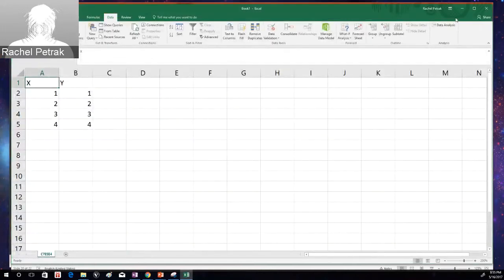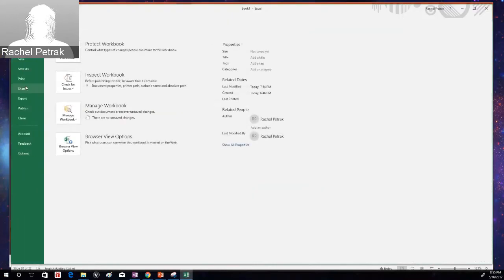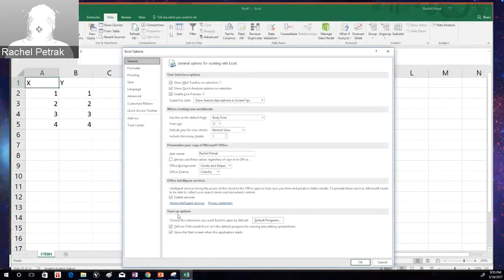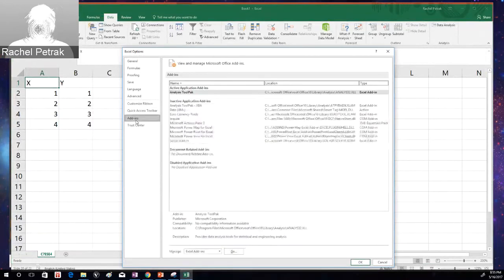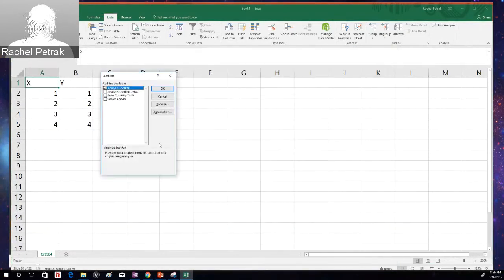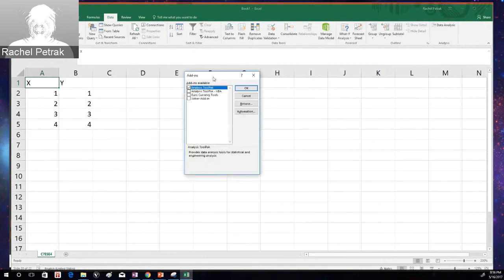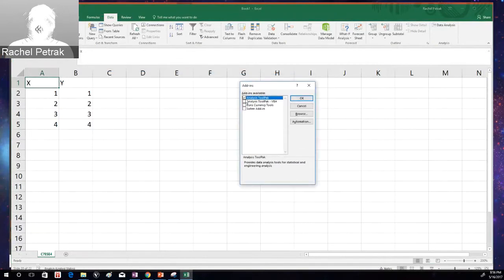So to activate this incredibly useful tool that you'll find very easy to use, simply go to the File area, go down to your Options, and then you'll see Add-ins on the left navigation area. At the bottom of the screen, you can manage Excel add-ins, so click Go. And you want to make sure that you have enabled this top add-in, the Analysis Tool Pack.